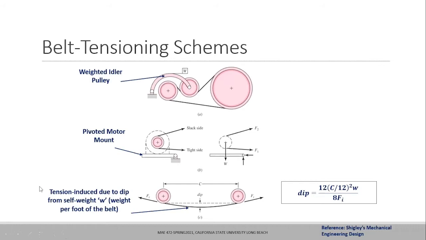Another way is to have a pivoted motor mount. The motor mount is pivoted at one end, and because of the weight of the motor hanging on this side, the belt will always be under some sort of tension. The weight of the motor tries to readjust.